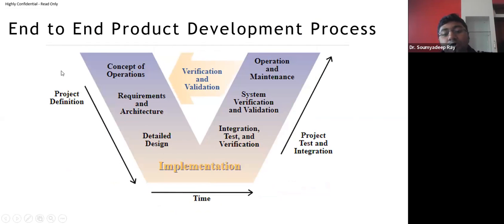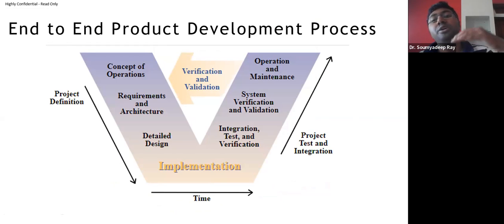So basically if you come to the industry, I'll just give you a brief idea about how industry works. Basically, if I am Tata and I am giving some project to some company, how will it be?